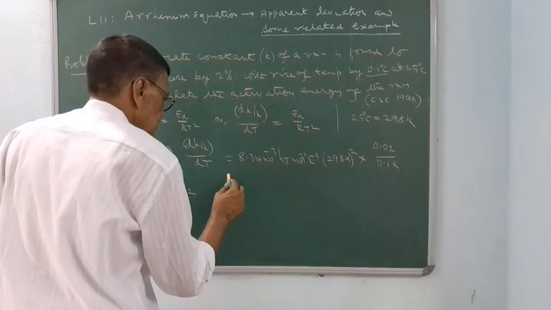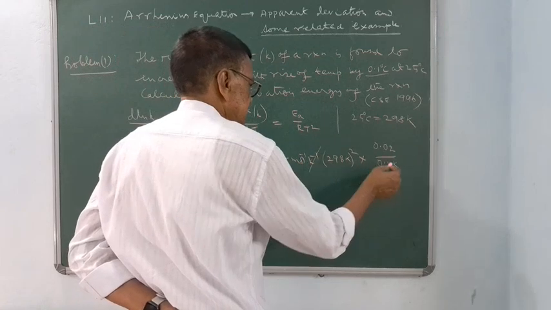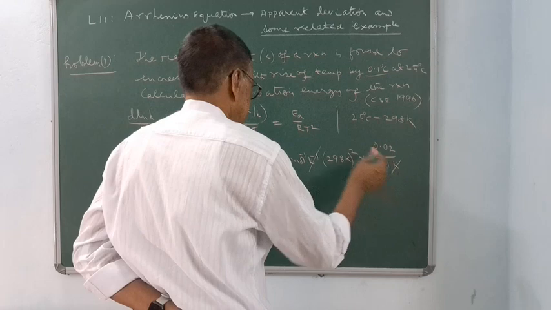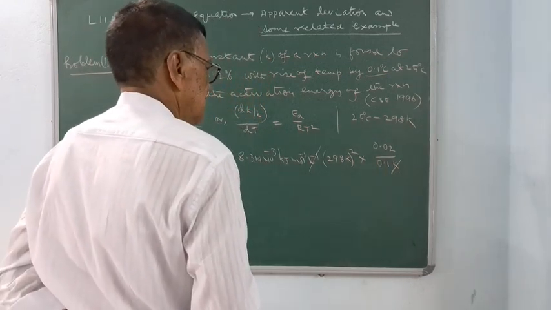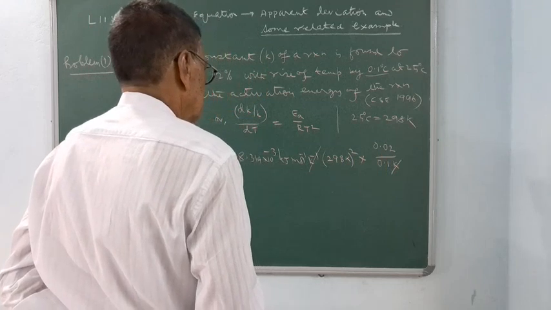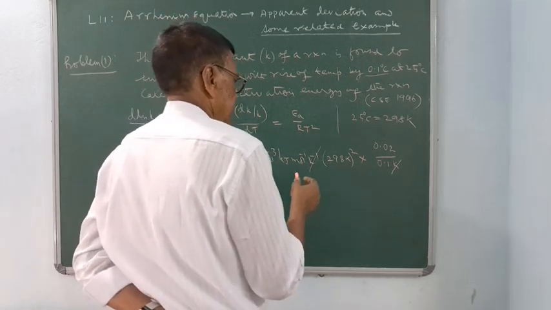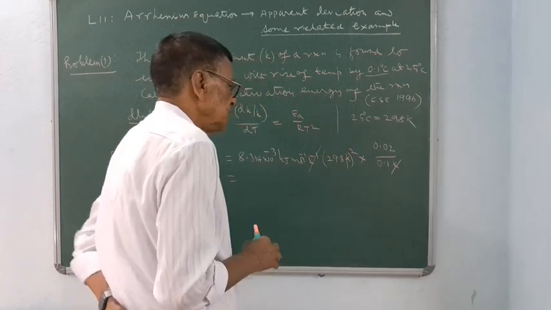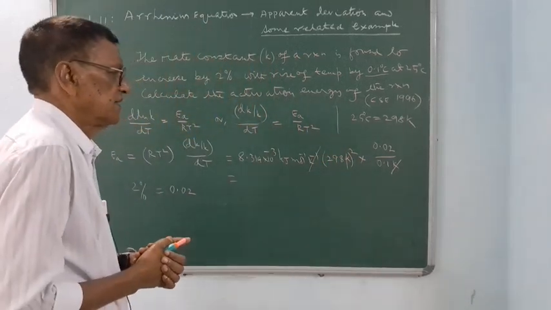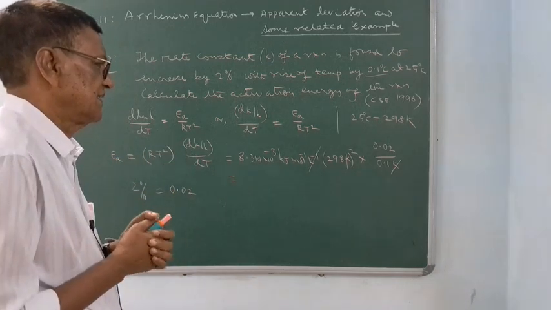Now if we solve this, the units cancel, all the K units are totally cancelled.